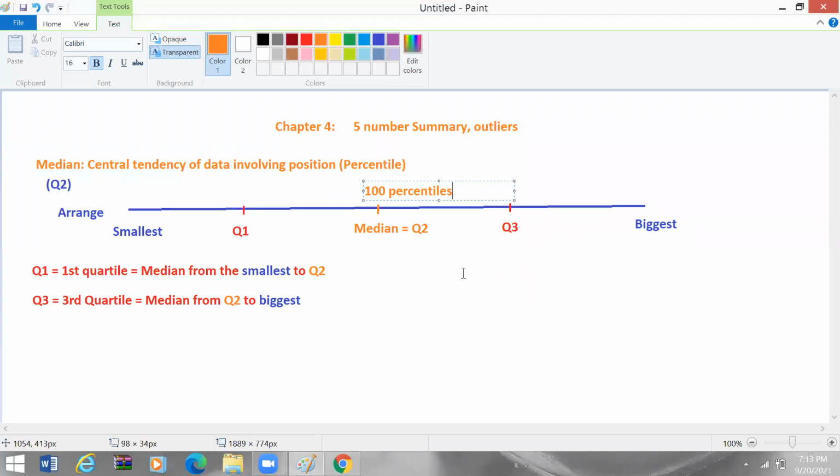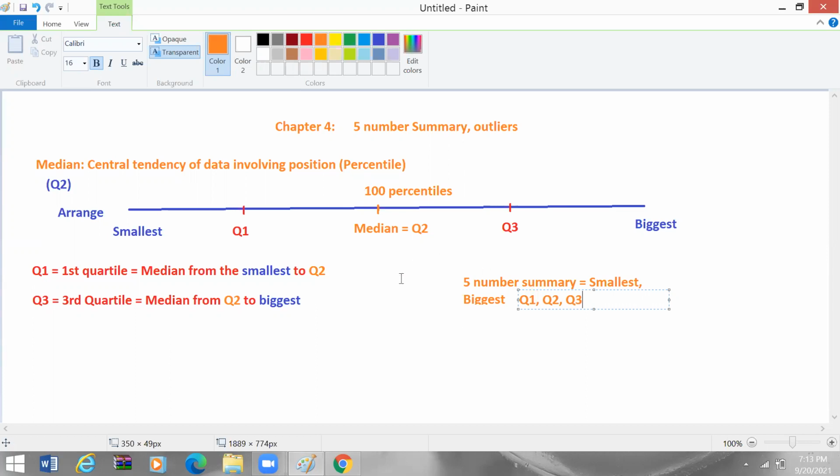Let me just repeat that again. The final summary is usually done by looking for those 5 numbers. First, we need to figure out the smallest and the biggest, and this is done after we arrange the data set in order. After that, we find Q1, Q2, and Q3. Those 3 medians will be what is graded on the exam.